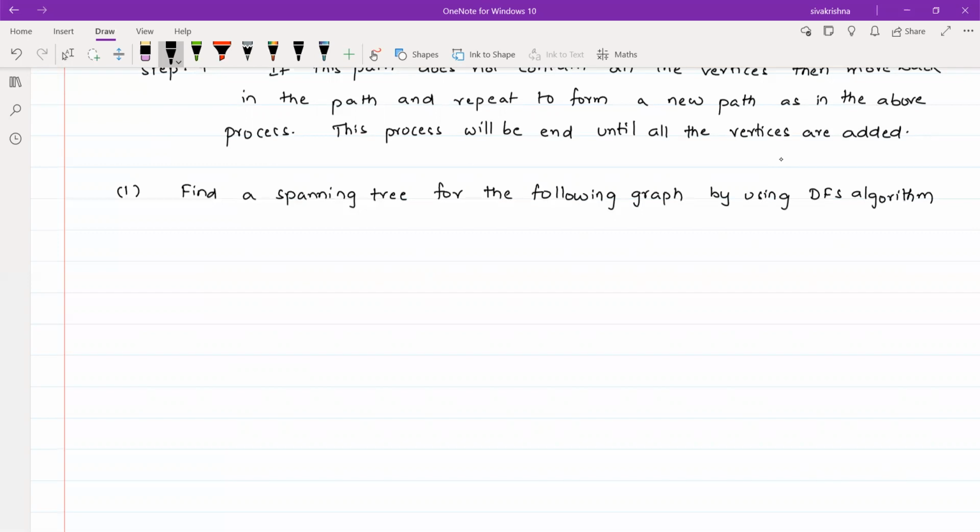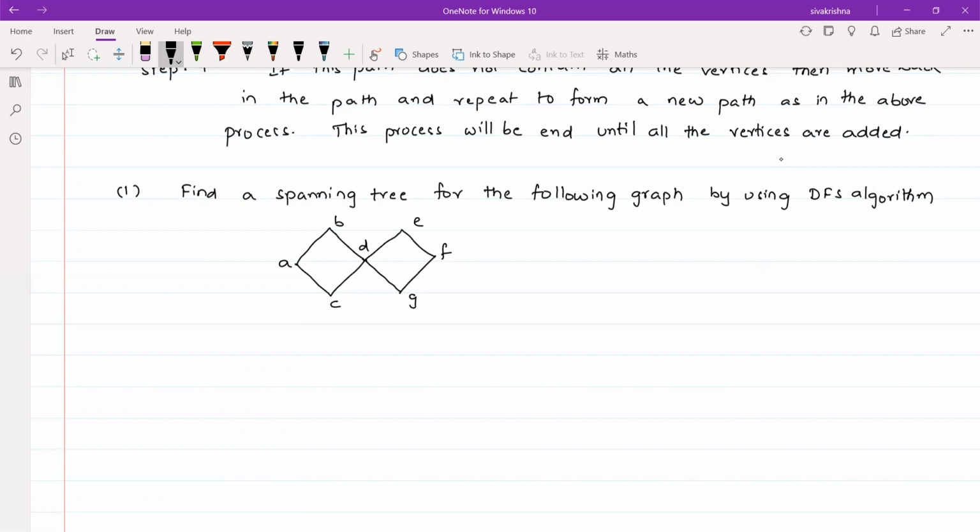That particular graph is this, with vertices A, B, C, D, E, F, G.